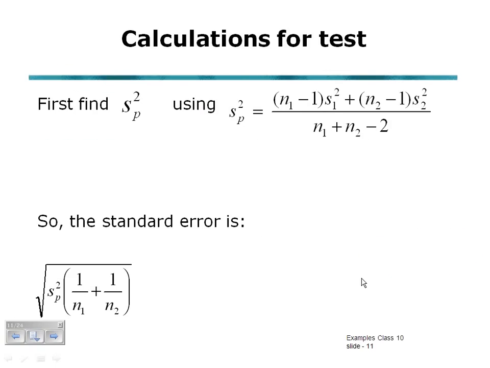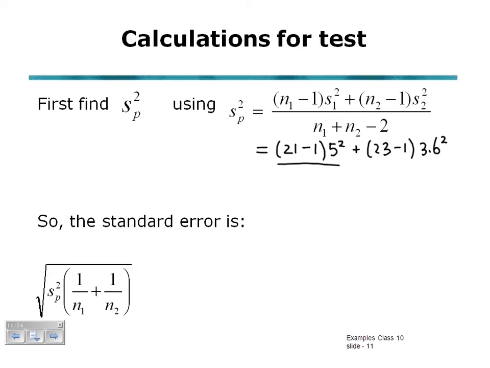Moving on to the calculations, with the pooled variance formula from the formula sheet, we're finding the pooled variance Sp squared. n1 is 21 from our first sample, so that's 21 minus 1 multiplied by the standard deviation 5 squared, plus the second sample of 23: 23 minus 1 multiplied by the second sample standard deviation squared, 3.6 squared.